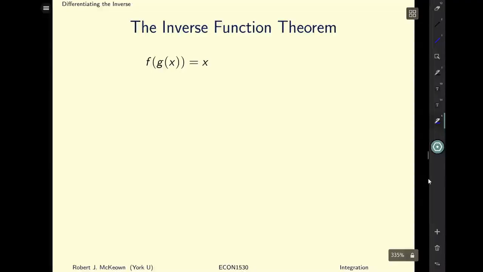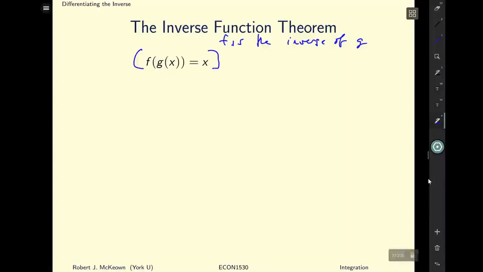Now, taking a look at the inverse function theorem, I'm going to derive it in a second. If f is the inverse of g, or the two of them together, one is the inverse of the other, then we can write our expression like so. Now, I'm going to take the derivative of both sides of this equation.